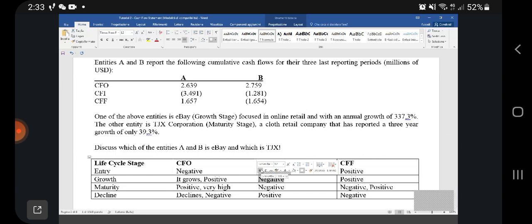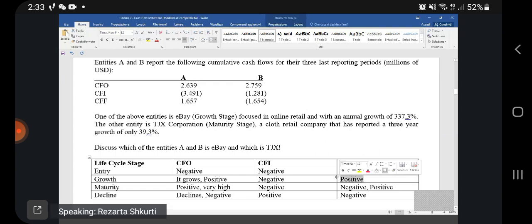but this means that these companies are expanding in the market, and this actually fits the description of company A. Cash flows from investing are really negative, and moreover, you can see that we have positive cash flows from financing, something that we expect from companies in the growth stage.